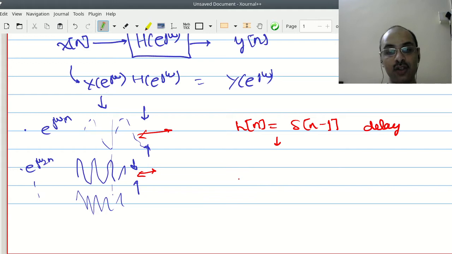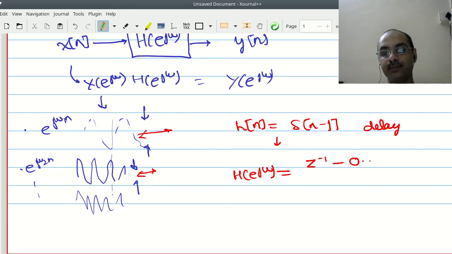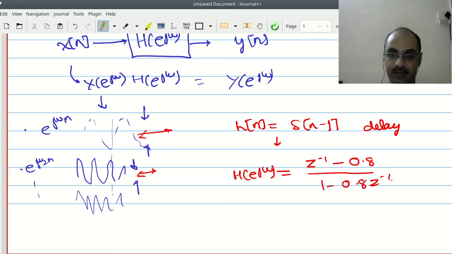Let us take H(e^{jω}) to be a special sequence. I'm going to leave the calculation of the DTFT of this, and of course I have to specify the ROC.